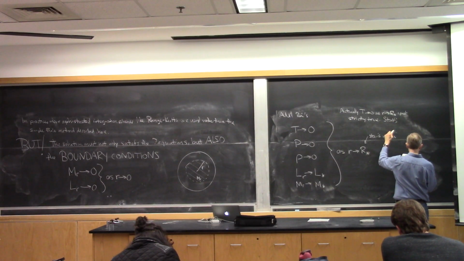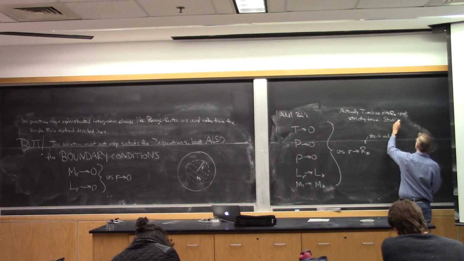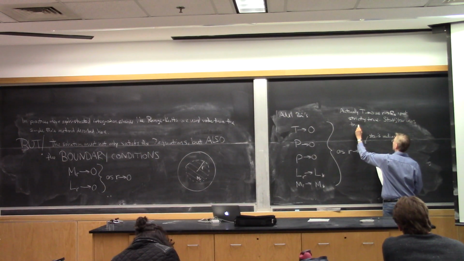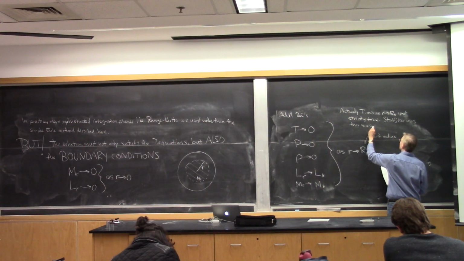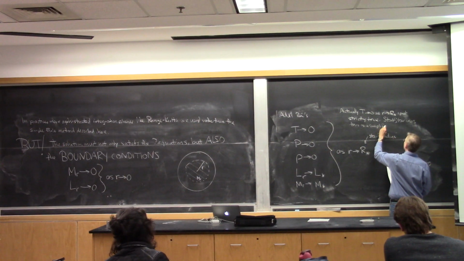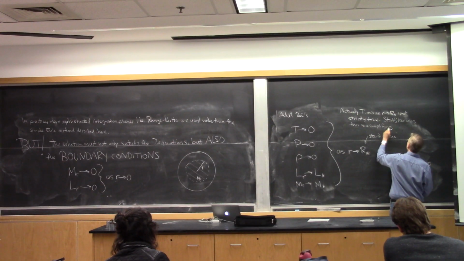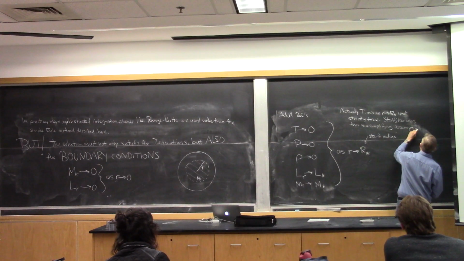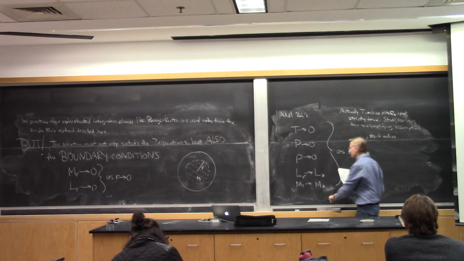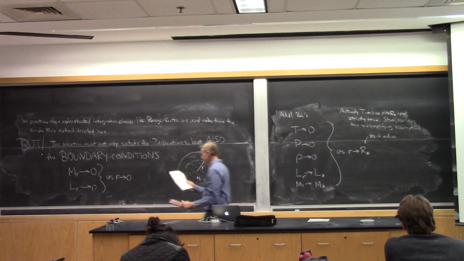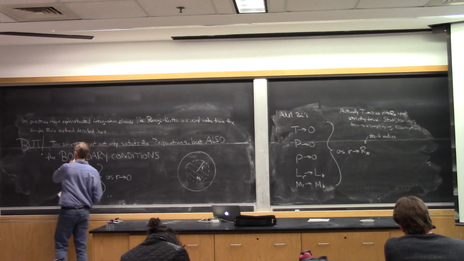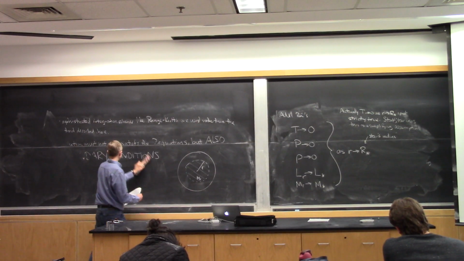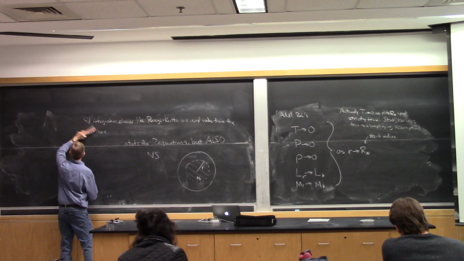StatStar uses this as a simplifying assumption. So our solutions for all the different variables have to satisfy all the boundary conditions that are imposed by physicality, by the physics.